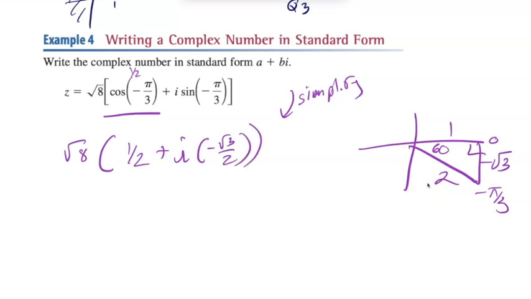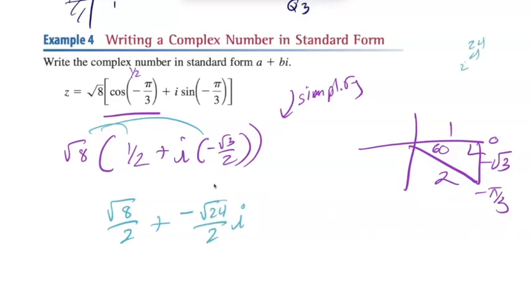And then we distribute the square root of 8 into everything. I get square root of 8 over 2 plus negative square root of 24 over 2 i. There we go. I could break down 24 if I really want. 24 is 2 times 12, 2 times 6, 2 square root 6. It's about the same though.